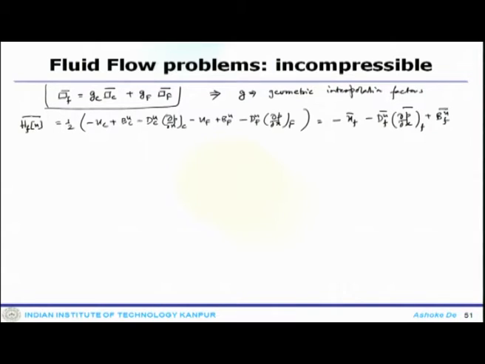Now, if you look at the coefficients, this could be of second order. So, one can see that.